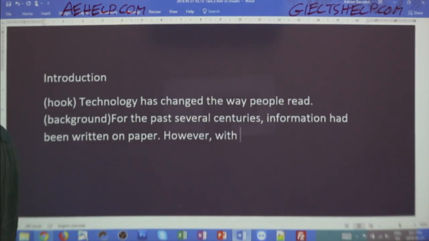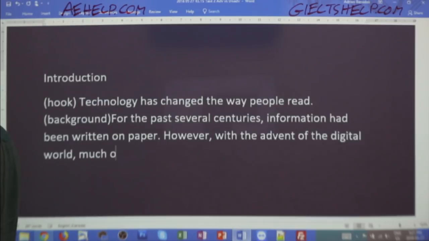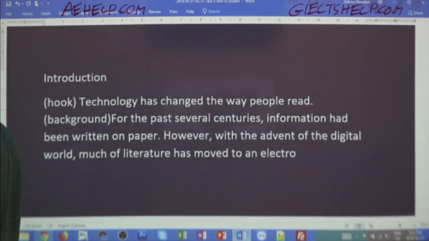However, with the advent of the digital world, much of literature has moved to an electronic form. I'm not repeating digital because it's already in there.